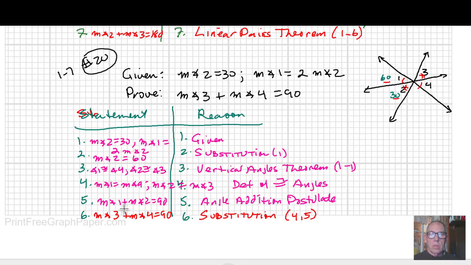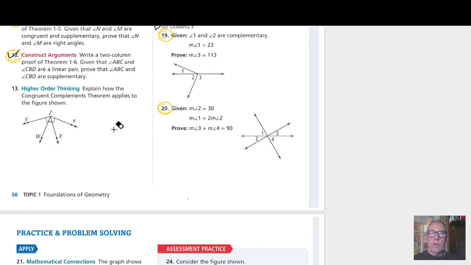And the measure of 1 and 2 makes 90 degrees. And then when we substitute back in, we got the measure of angle 3 and the measure of angle 4 also equal 90 degrees. And we did the proof. Okay, so we also have the proof for number 20.